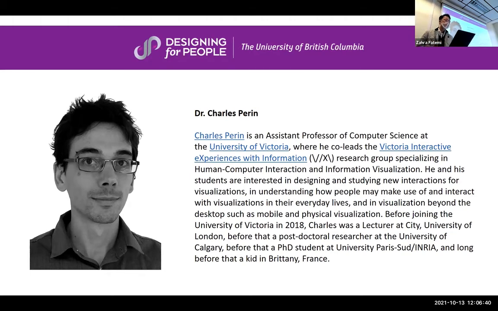Before joining the University of Victoria in 2018, he was a lecturer, equivalent to an assistant professor in North America, at the City University of London. Before that, he worked with Sheelagh Carpendale as a postdoc at the University of Calgary. And before that, he did his PhD at INRIA, Paris.